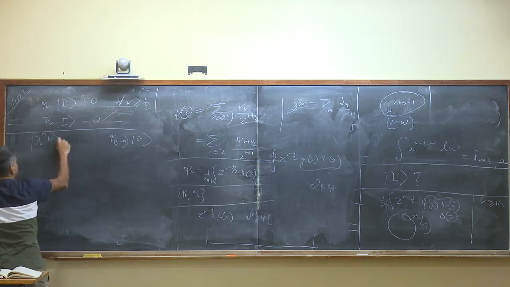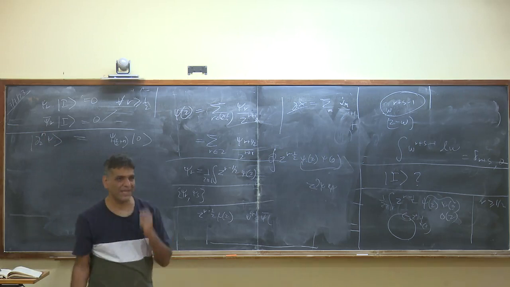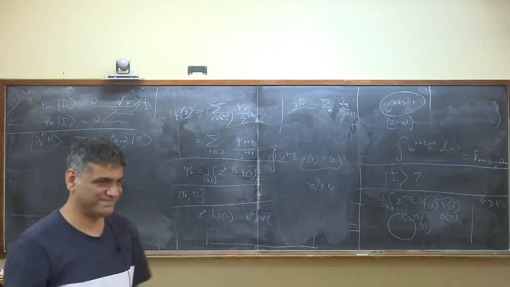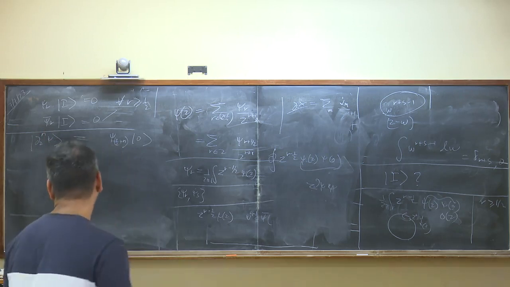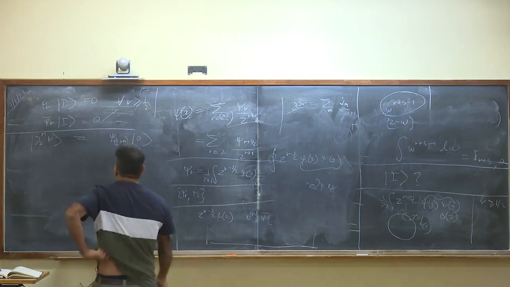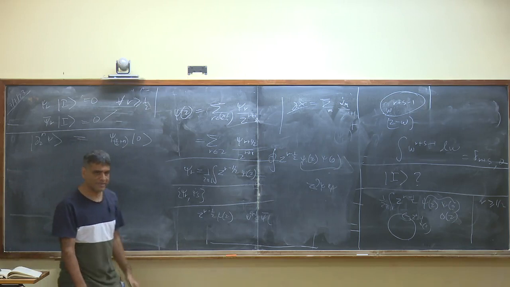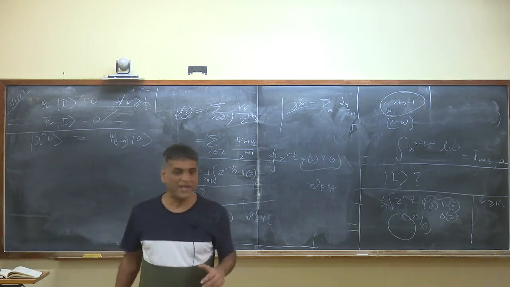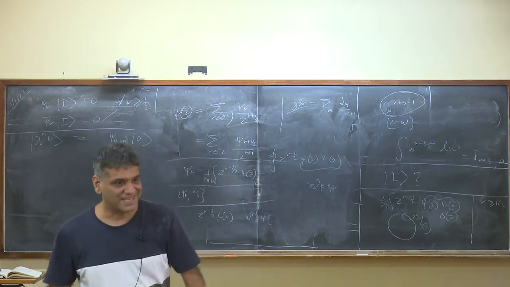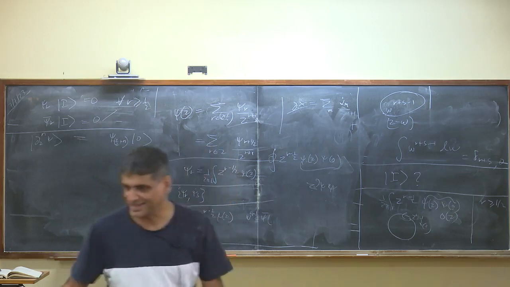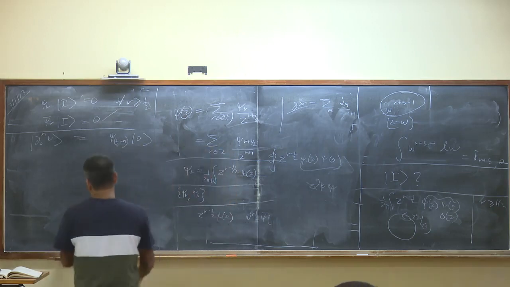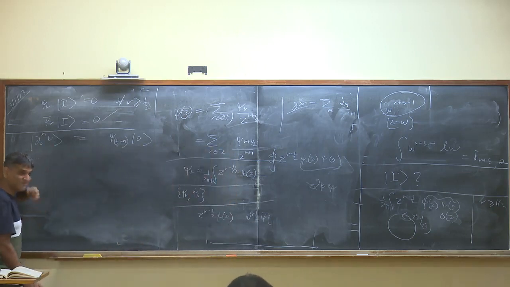That this state is equal to this. Okay? Let's quickly check that. These are descendant operators of the primary. Yeah, it's correct. It's descendant operators of primary field psi. I haven't yet told you the stress tensor. I haven't yet shown you that psi is a primary field, but it is. Okay. So let's check this.